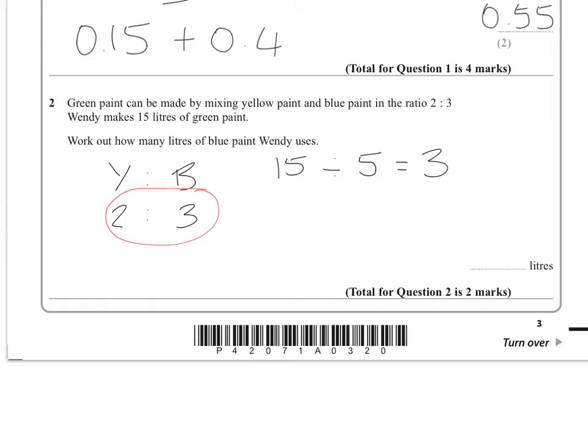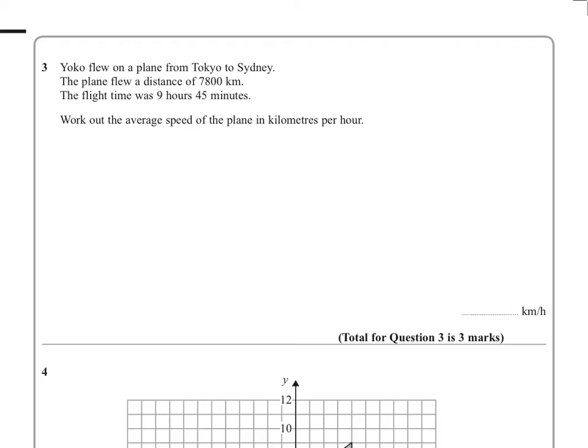Work out how many litres of blue paint Wendy uses, times by 3. So 9 litres of blue, equivalently 6 litres of yellow. Just to check, 6 plus 9, 15. So total 15 litres.